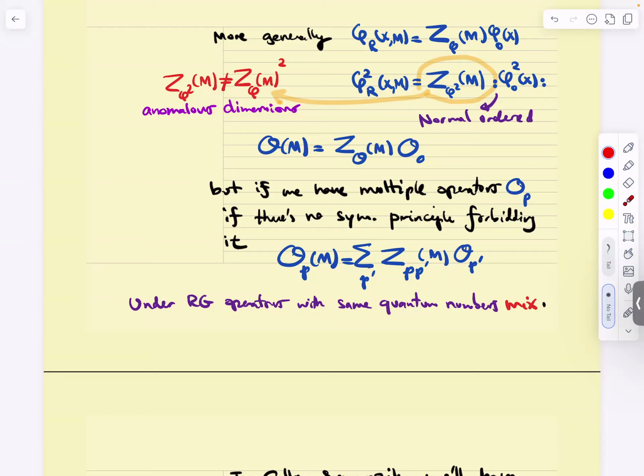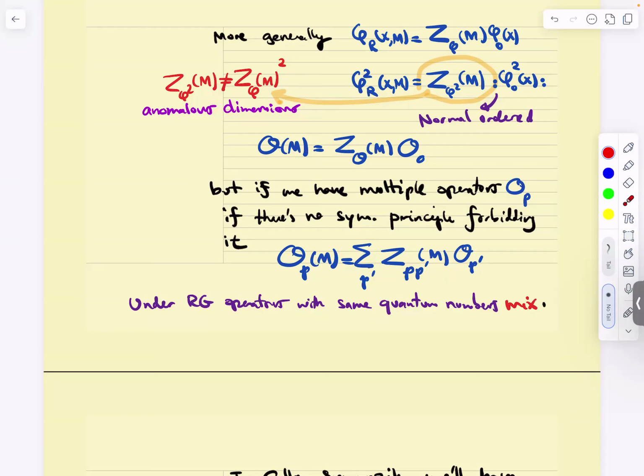Now, there's only one rule that will forbid mixing between operators. What is that rule? Symmetry. If the operators that we're talking about have different charges, quantum numbers, they cannot mix, right? There are superselection rules that will tell you they cannot mix.